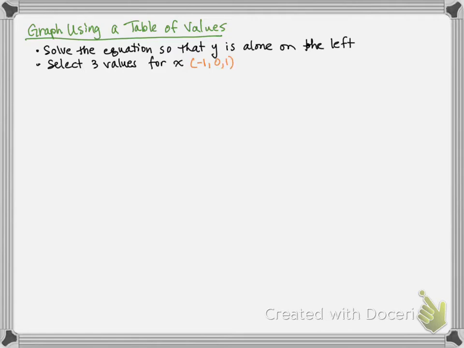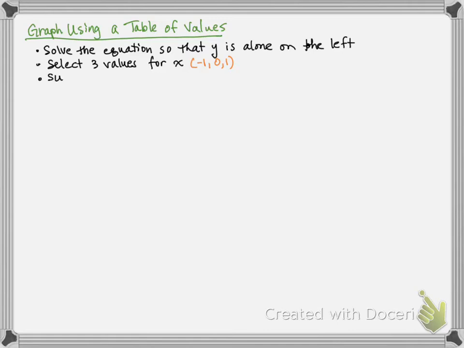I always choose 0, and then I like to choose +1 and -1. Now, you're not limited to those, but I would highly recommend you have 1 positive, 1 negative, and the 0. The smaller the numbers, the better, okay? So those are my preferences. You can choose whatever 3 you want.